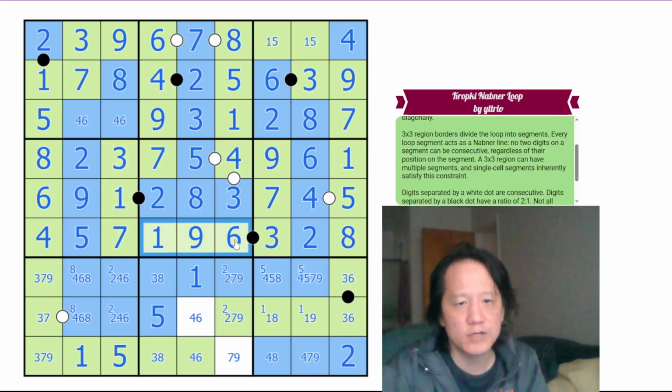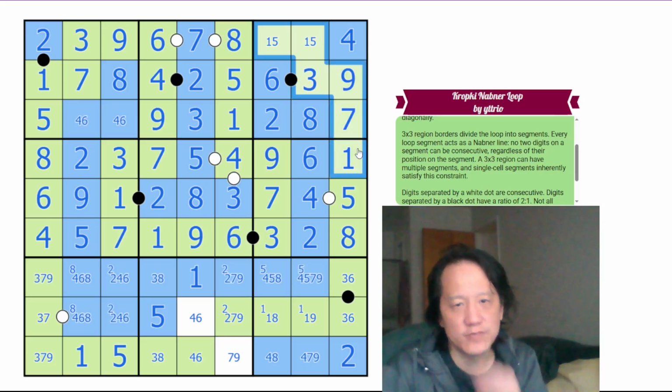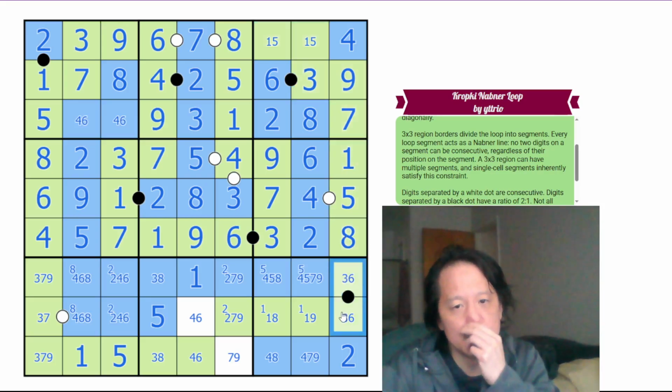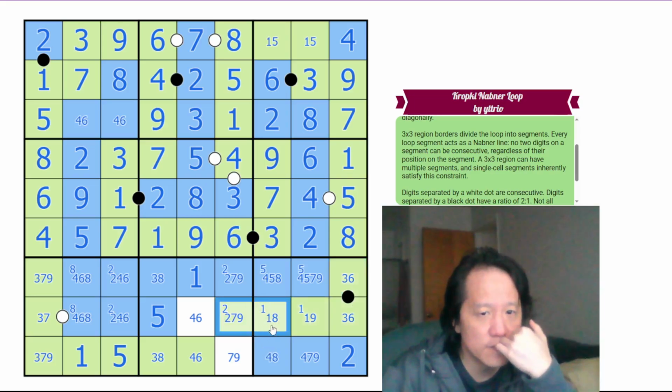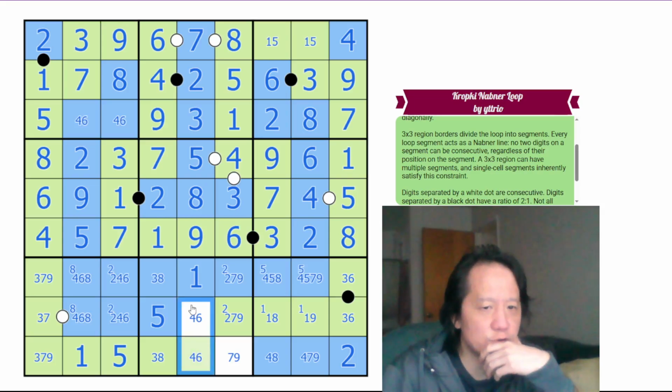1, 3, 7 works, 1, 9, 6 works, 3, 7, 9 works, 4 by itself works, 7 by itself works. 1, 5, 8; 1, 3, 5, 7, 9; 1, 5, 8. We still don't know this one. Okay. If it's 4, 6, 4, 6, this is 8 and this is 2.